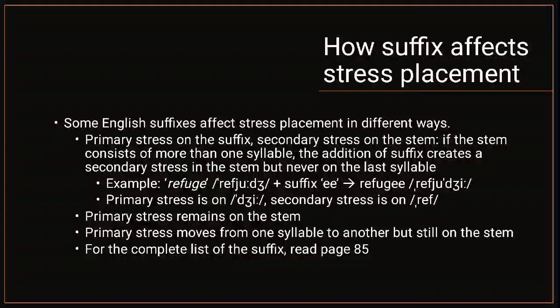Example, refuge plus suffix -ee becomes refugee. Primary stress is on gee. Secondary stress is on ref. Primary stress remains on the stem. Primary stress moves from one syllable to another, but still on the stem.